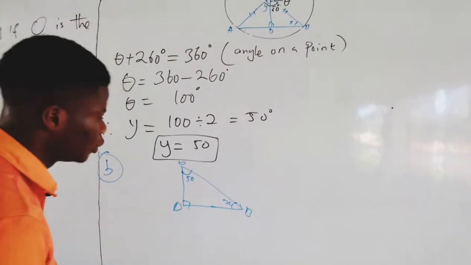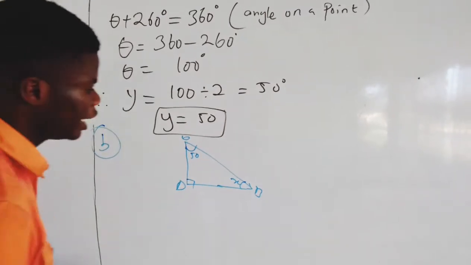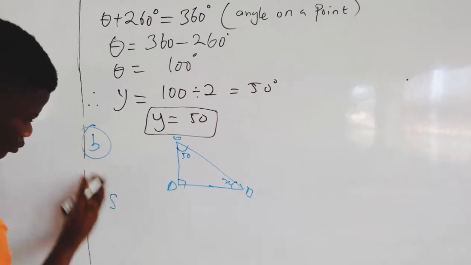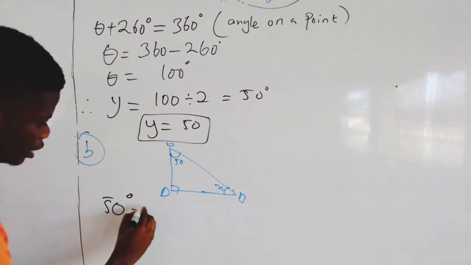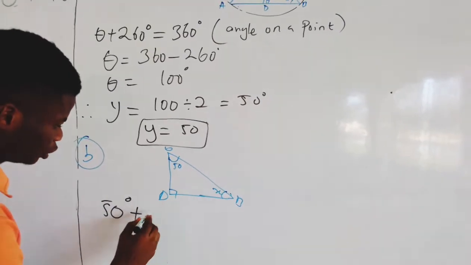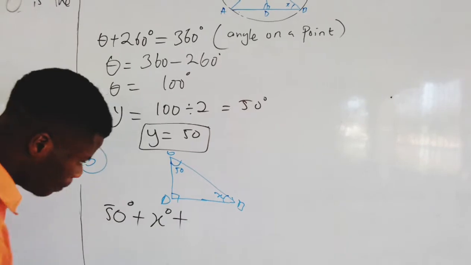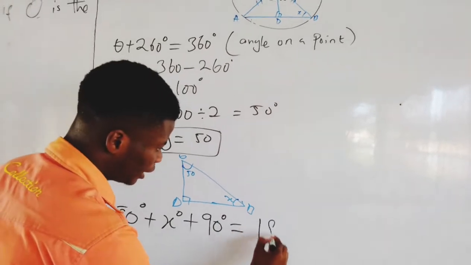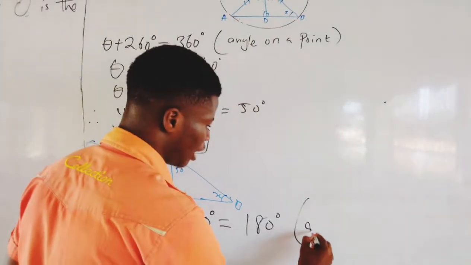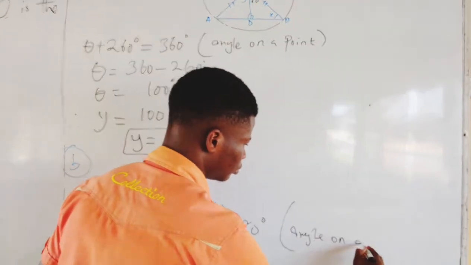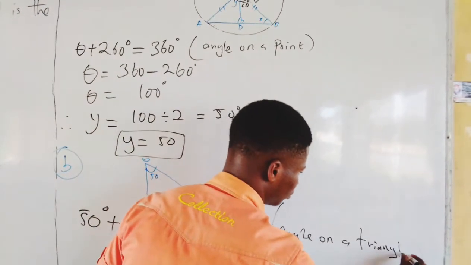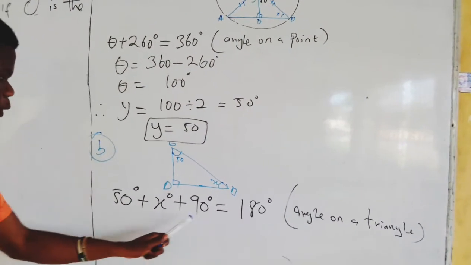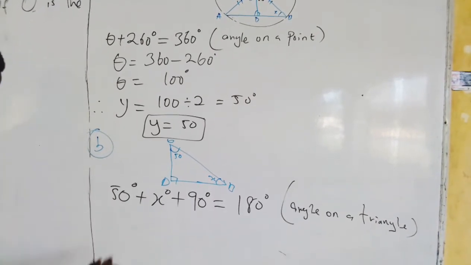This is very simple. You know the angles of a triangle sum to 180 degrees. So I have 50 degrees plus my x degrees plus this angle here, which is 90 degrees, equals 180 degrees. Reason: angles in a triangle. So 50 plus 90 will give me 140.